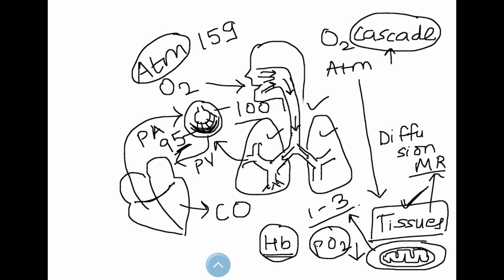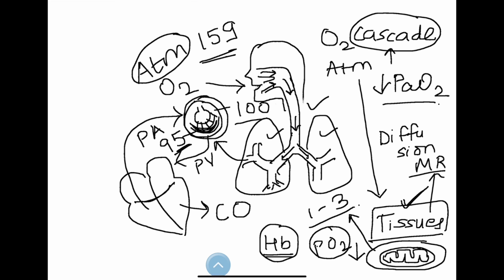So, basically, hypoxia can occur due to reduced partial pressure of oxygen at any level. For example, at high altitude, the atmospheric pressure is low, leading to reduced PO2. Hypoxia can occur at the level of alveolo-capillary exchange if there is a disease of the alveolo-capillary membrane. In the case of shock or because of lack of perfusion, there can be VQ mismatch, that is, ventilation perfusion mismatch, resulting in hypoxia.